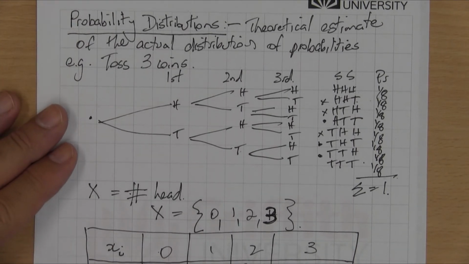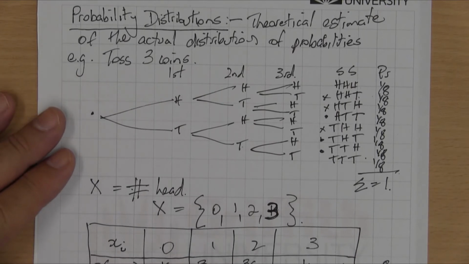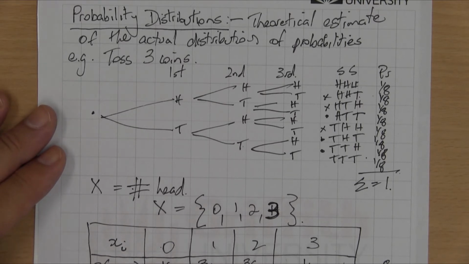Okay, now we could also put this into a bar diagram, and we could have the probabilities 1 on 8, 2 on 8, 3 on 8, and we could have 0 heads, 1, 2, 3.